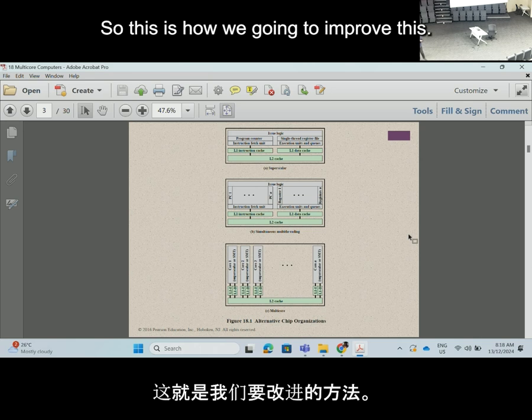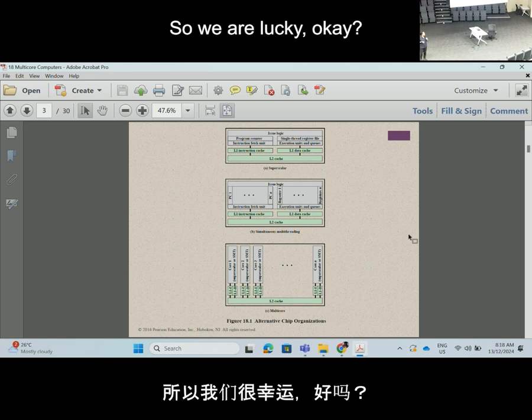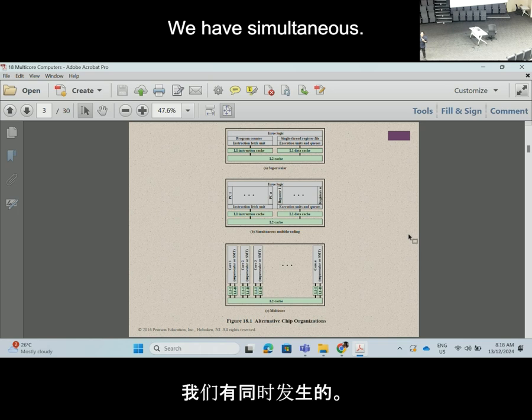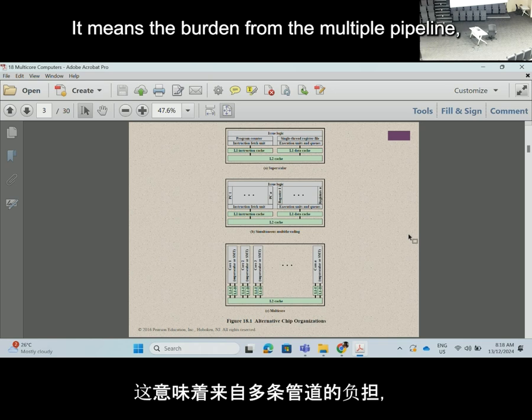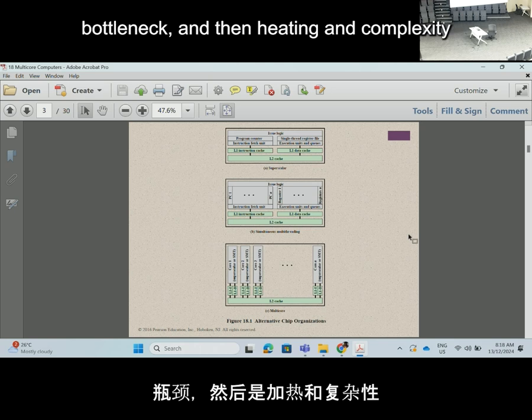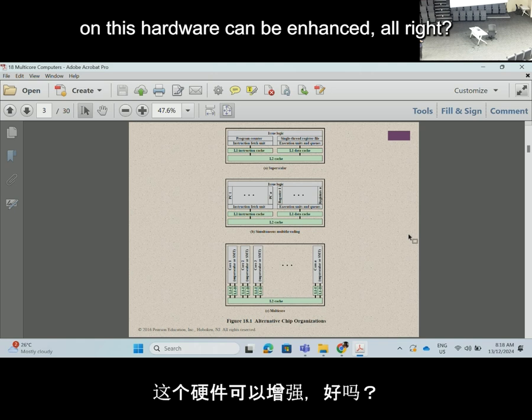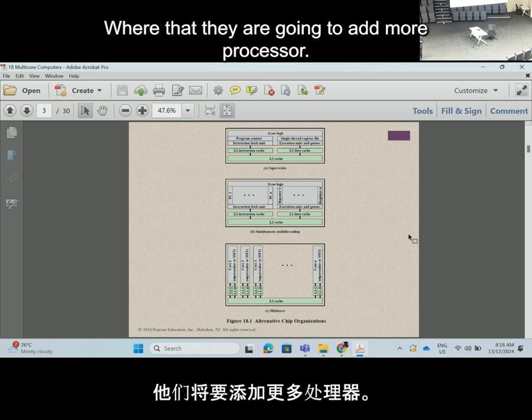So they said, how are we going to improve this? We are lucky, we have simultaneous. It means the burden from the multiple pipelines, the bottleneck, and the heat and complexity on this hardware can be eased, where they are going to add more processors.